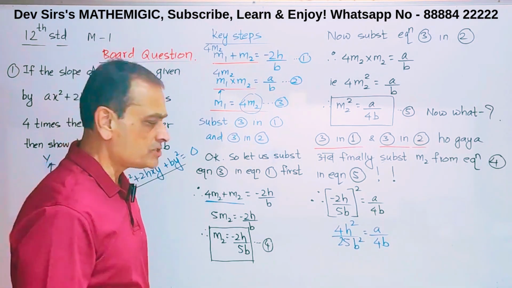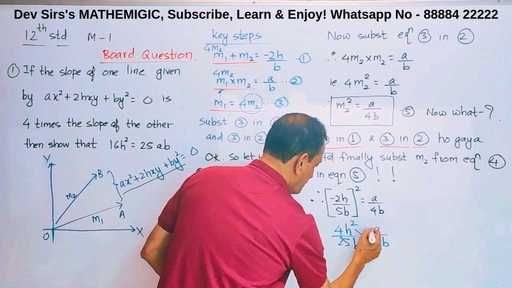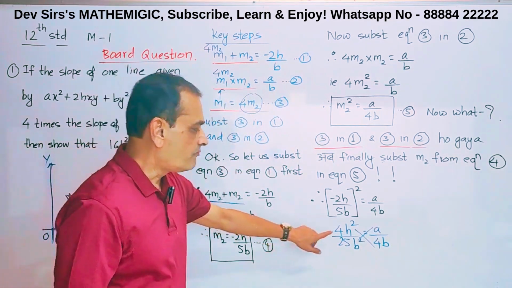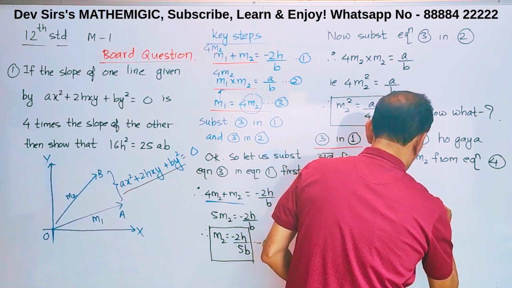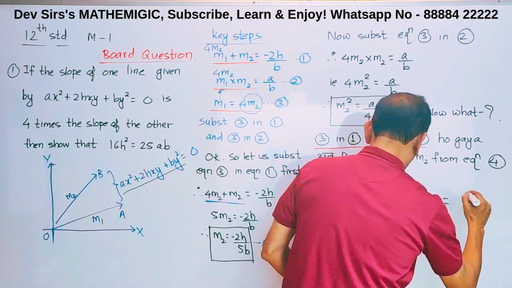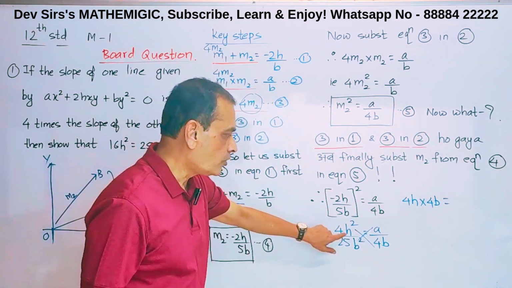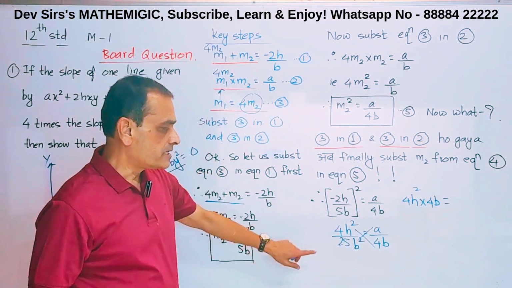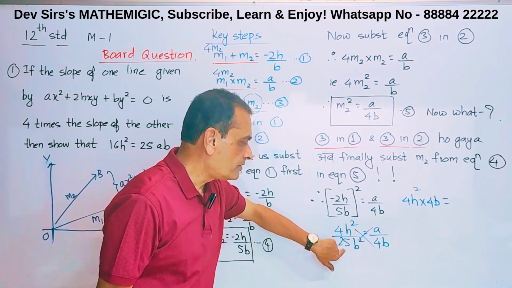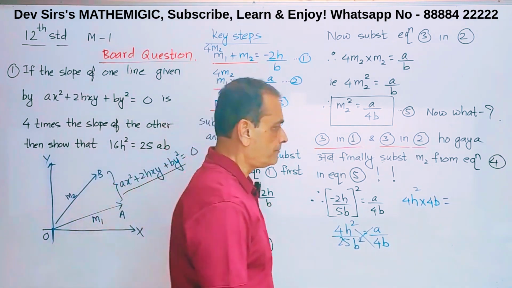Just cross multiply, finished. So sorry, 4h squared into 4b is equal to 25b squared into a.